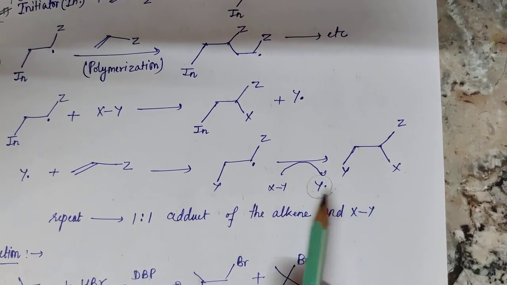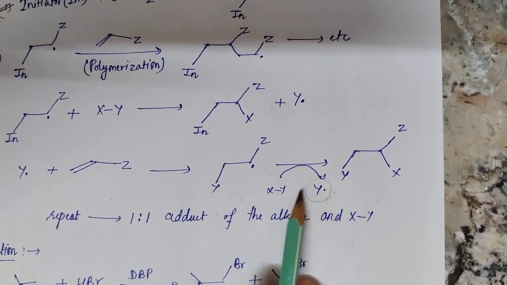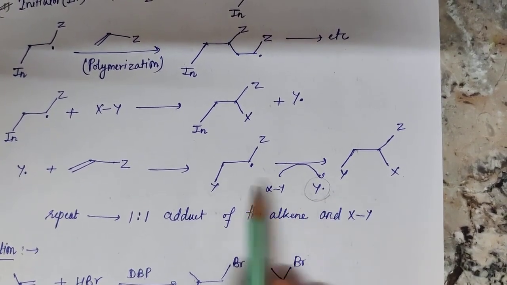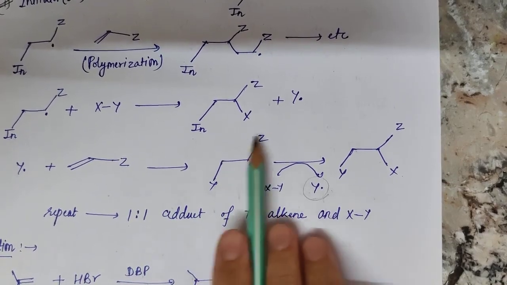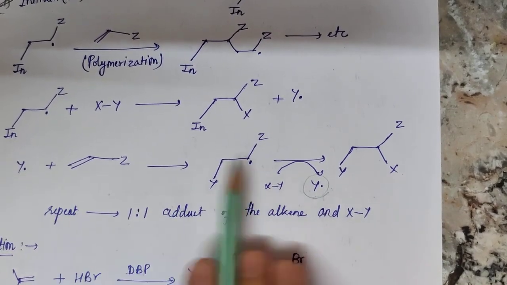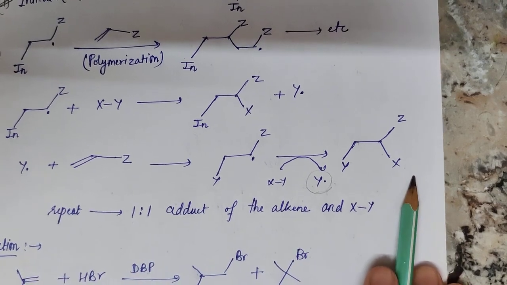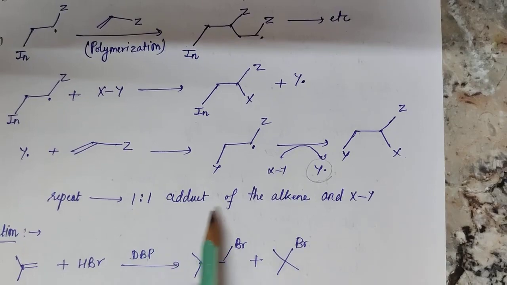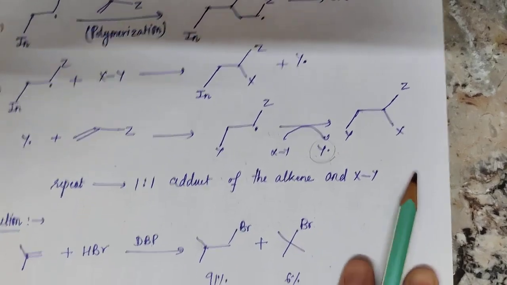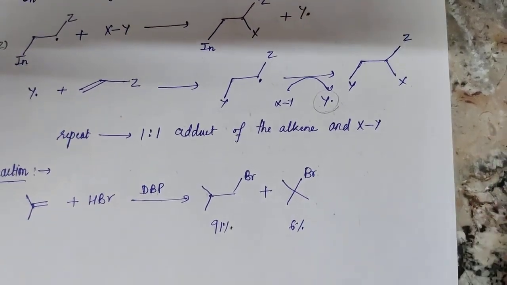So again, if we keep on repeating this step, reacting this Y radical with alkene molecule and then again reacting that radical with XY, these steps could be repeated a number of times and we are obtaining 1:1 adduct of alkene and XY. So that way also this reaction can proceed.